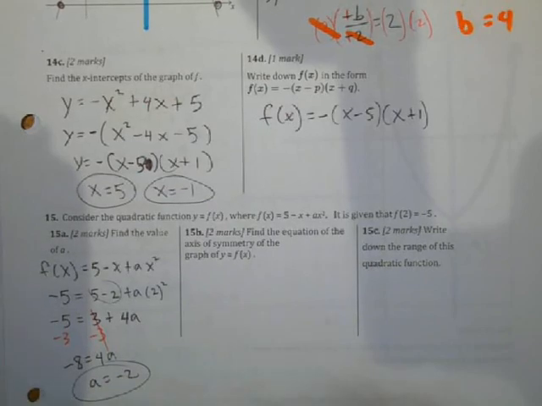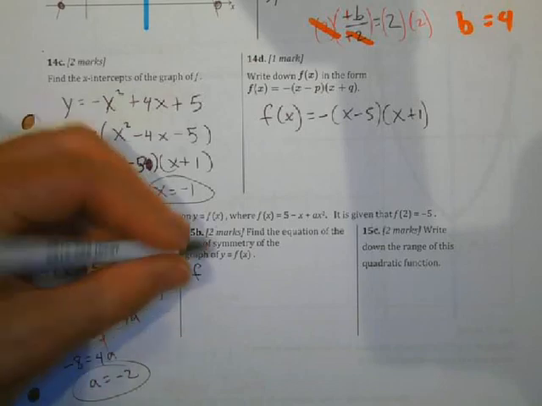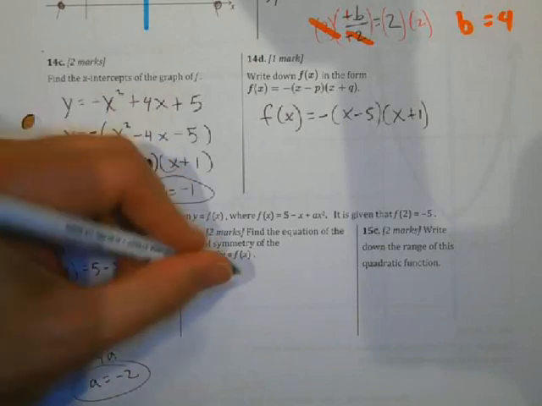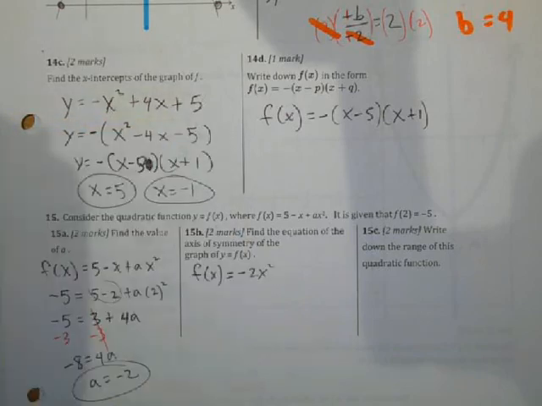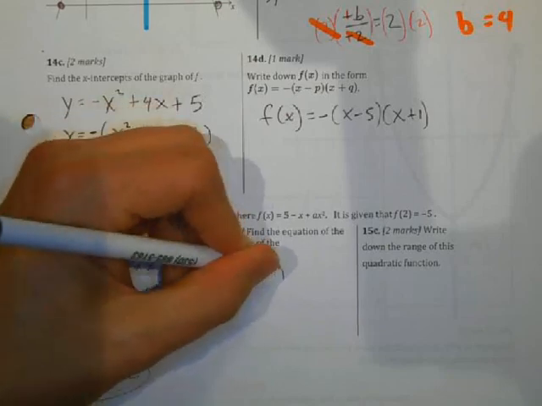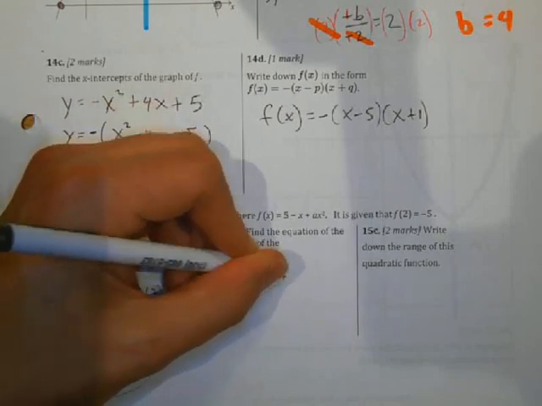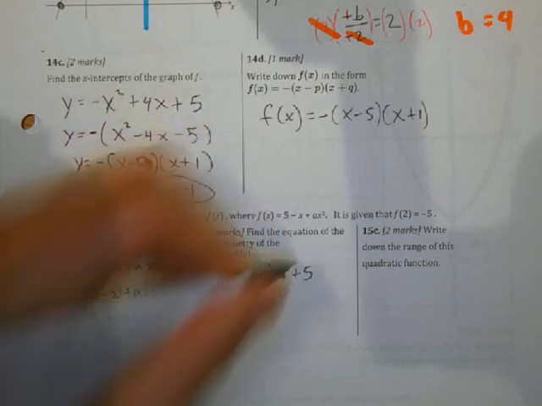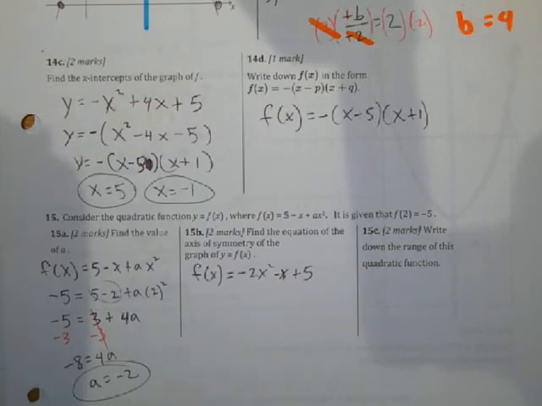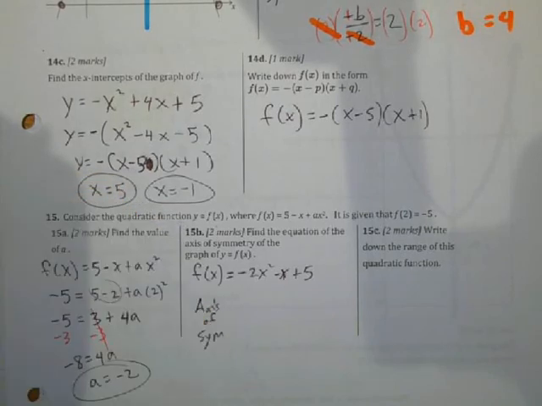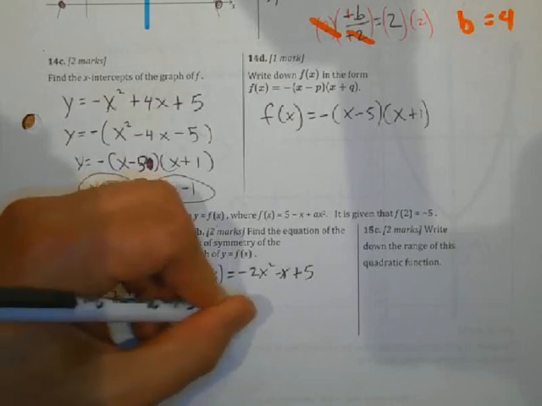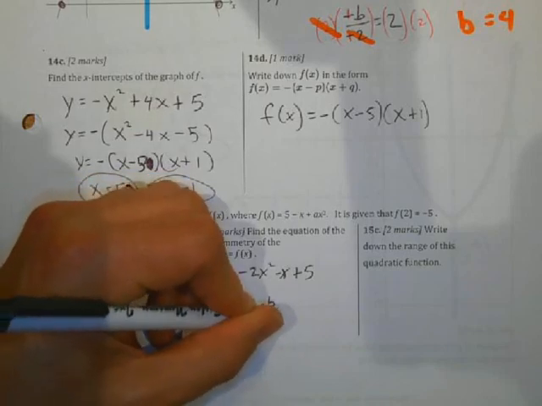Okay, 15b. Find the equation of the axis of symmetry. So I'm going to rearrange this so that it's in the correct order in general form. And we have f of x equals negative 2x squared minus x plus 5. Okay, so the axis of symmetry is when x equals negative b over 2a, right?